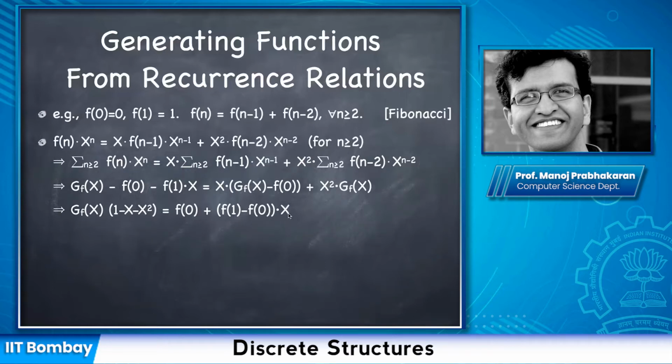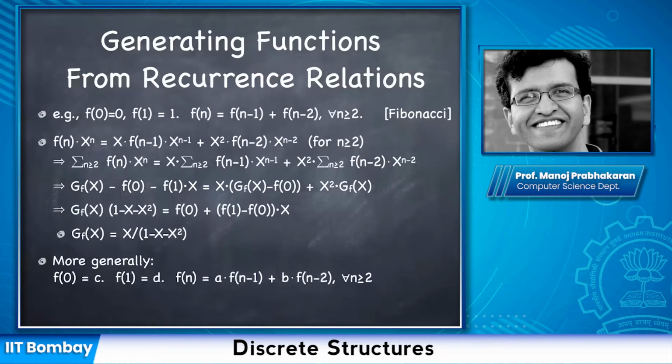So that's on the right hand side. In other words, it gives me that gf of x is, so I'm substituting the 0 and 1 here. So this f0 goes away, f1 minus f0 is just 1. So it is x on the right hand side. So this is x divided by 1 minus x minus x squared. Okay, that is the generating function for the Fibonacci sequence.